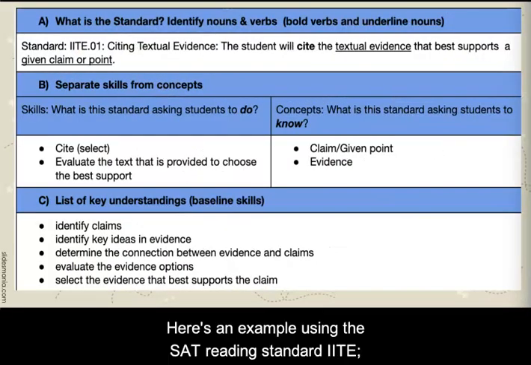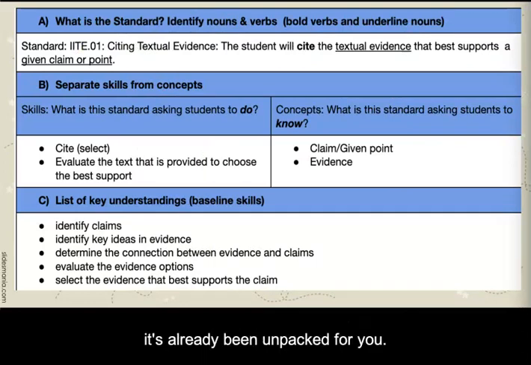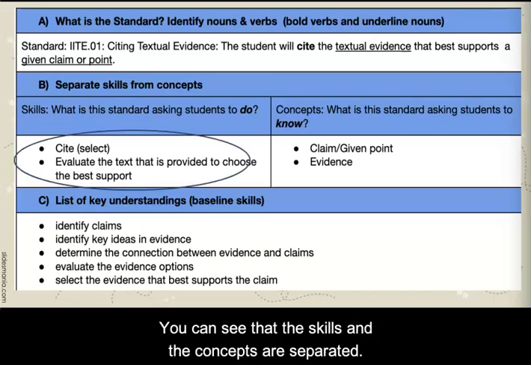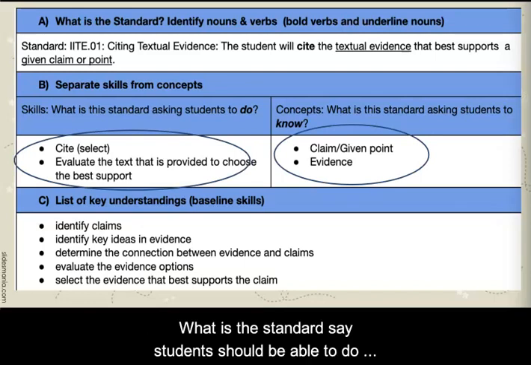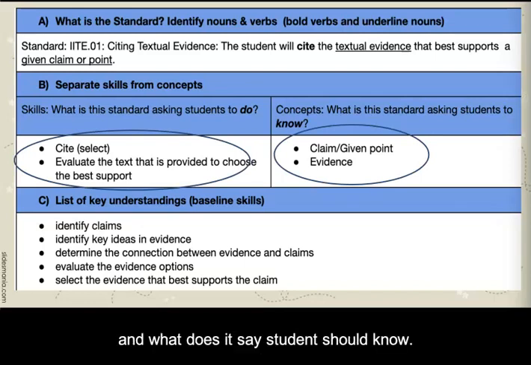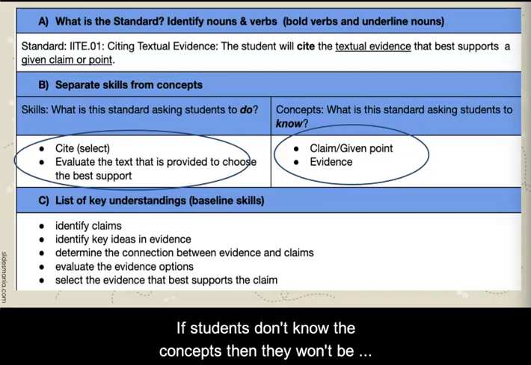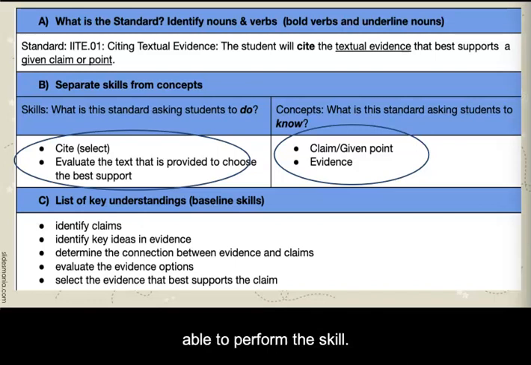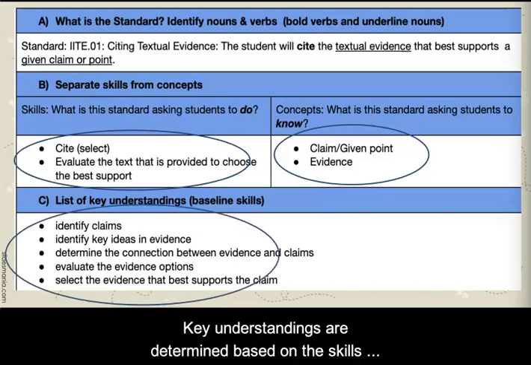Here's an example using the SAT reading standard IITE. It's already been unpacked for you. You can see that the skills and the concepts are separated. What does the standard say students should be able to do, and what does it say students should know? If students don't know the content, then they won't be able to perform the skill. Key understandings are determined based on the skills and concepts.